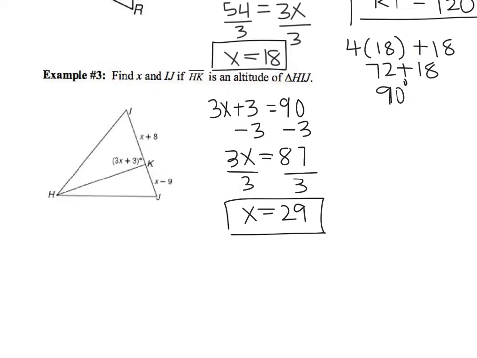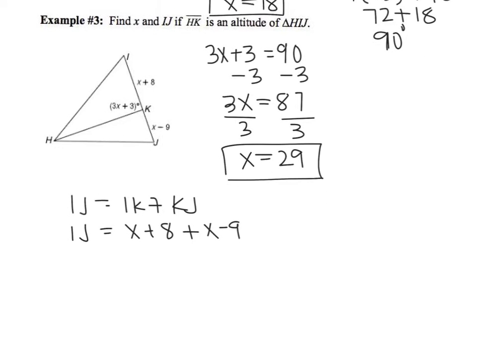Now that we know x, we can plug it in for the length of segments IK and KJ, since they are going to add to give us the length of IJ. So IJ is equal to IK plus KJ, which is x plus 8 plus x minus 9.